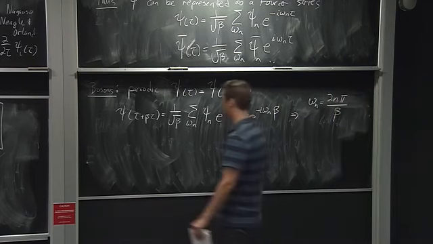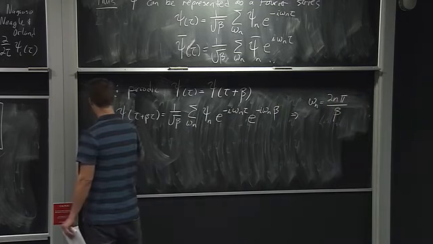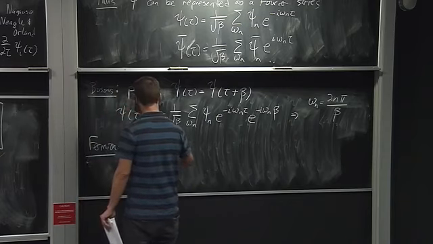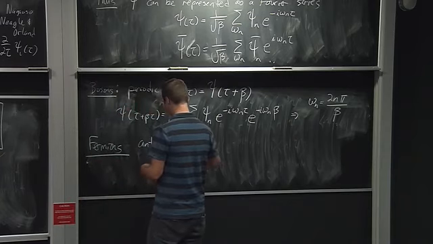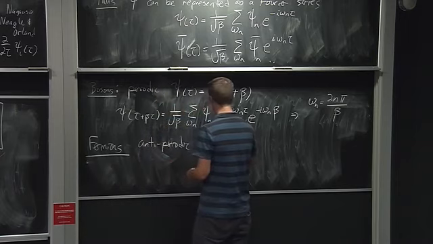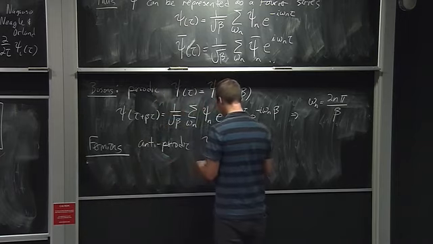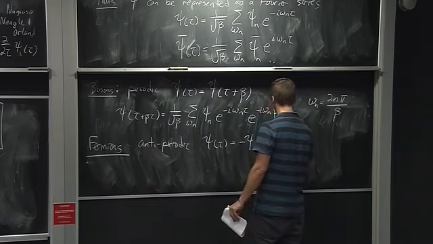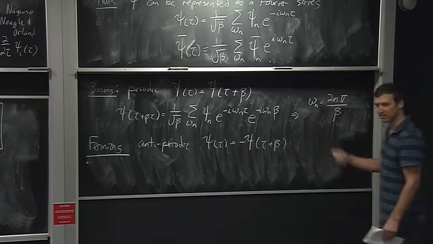So for fermions, you're anti-periodic. Psi of tau: if you cross beta, your field picks up that minus sign.